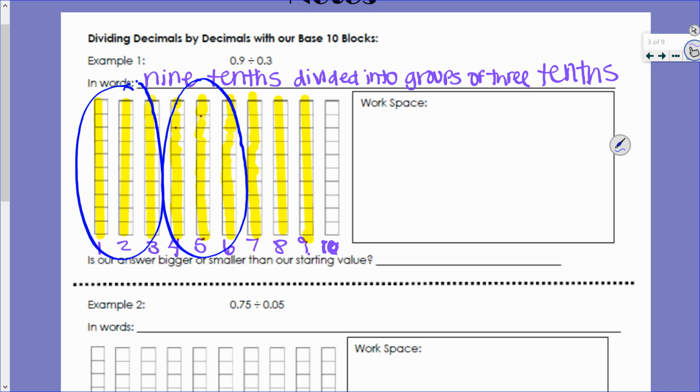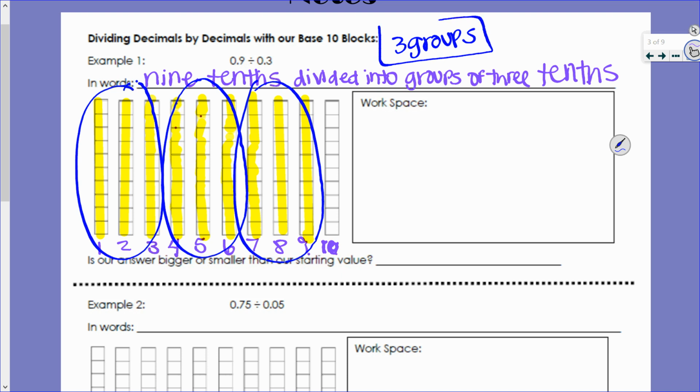That is two groups. I have 3/10 right here. This is three groups. So 9/10 divided into 3/10 gives me 3 groups.